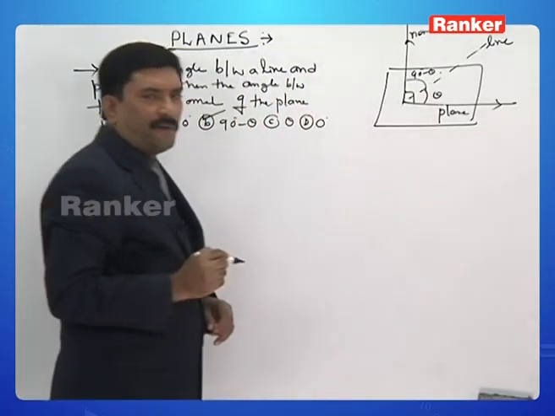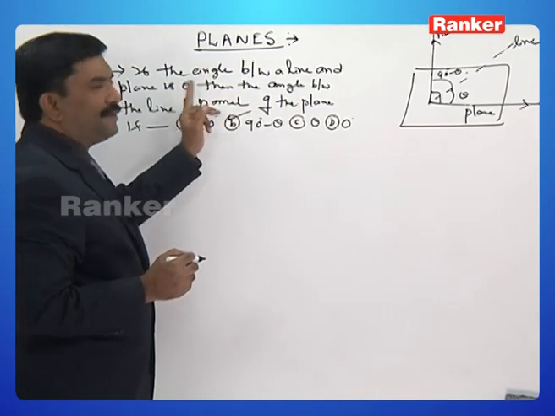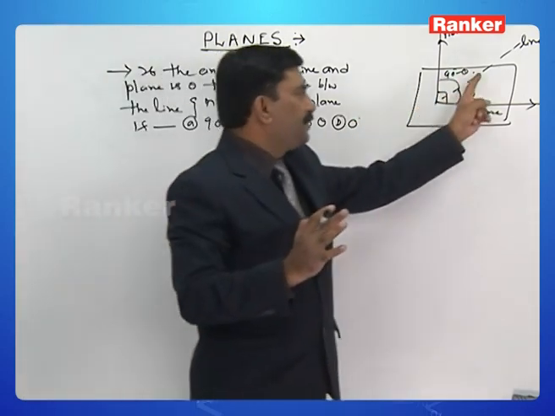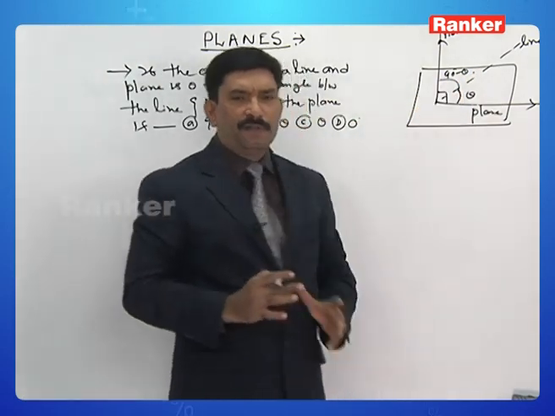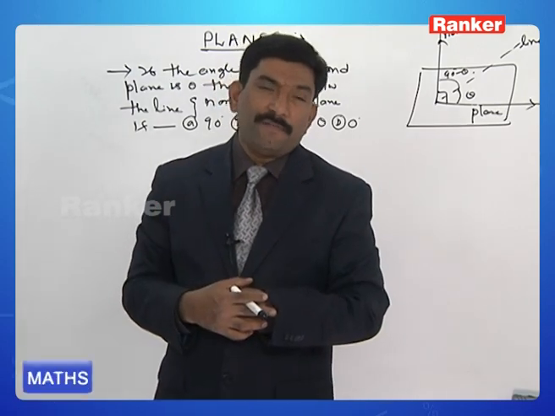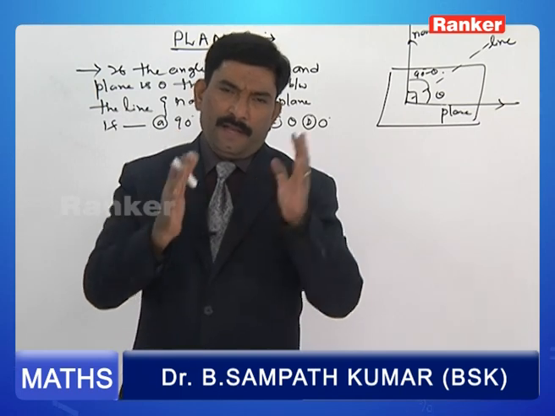So I can represent: if the angle between a line and a plane is theta, then the angle between this line and a normal is 90 minus theta.